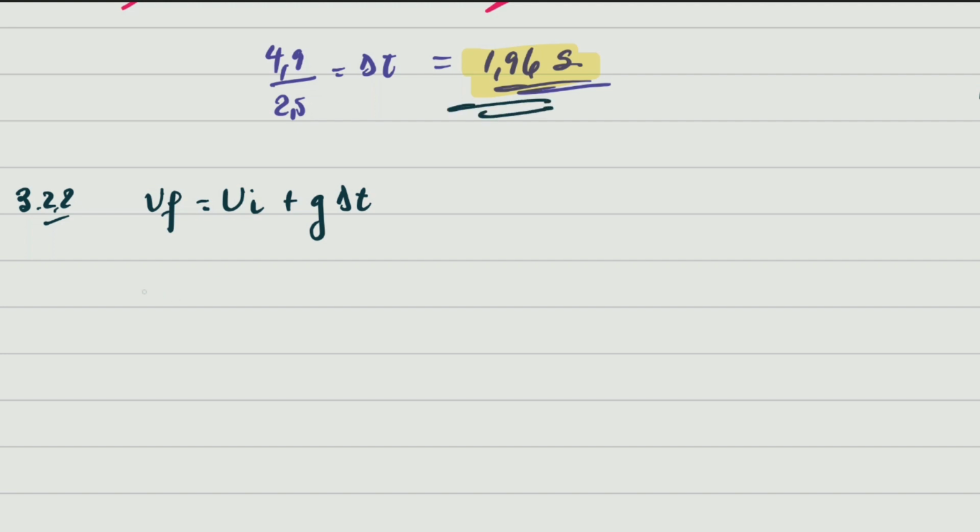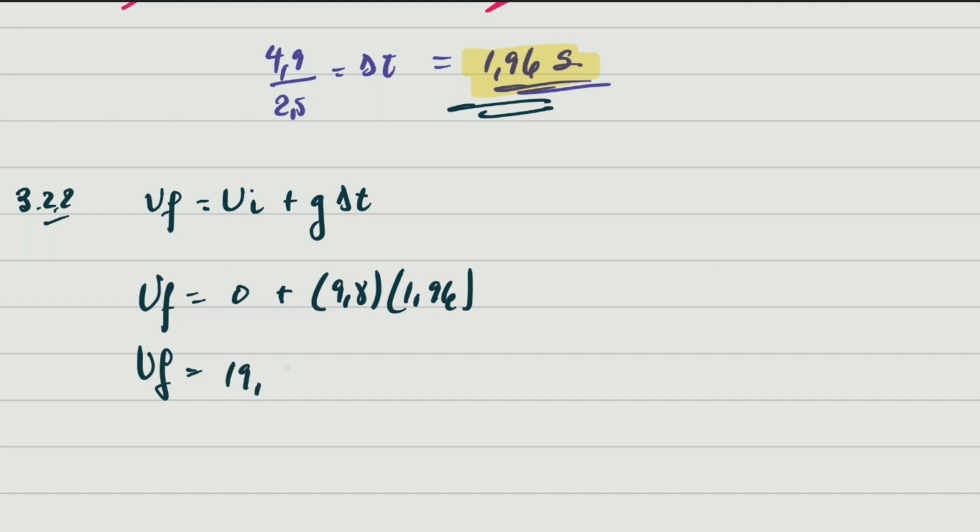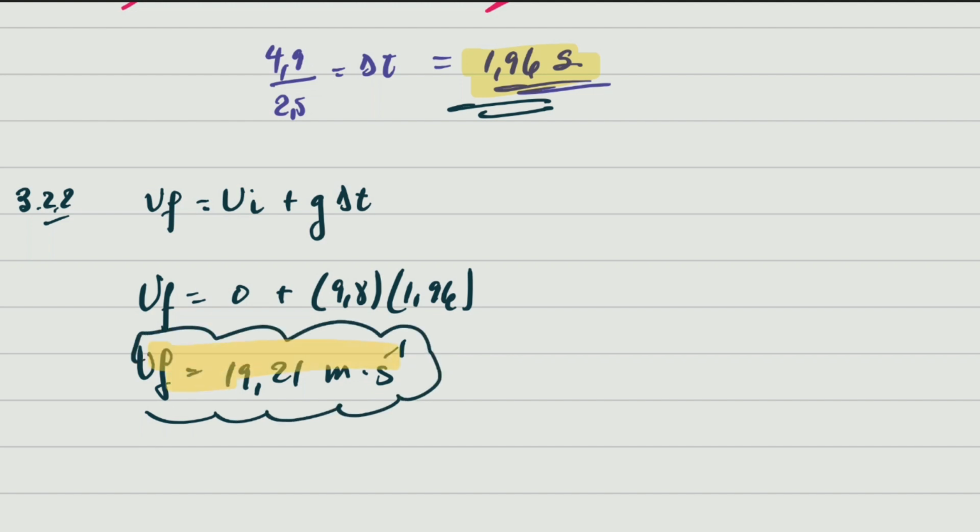So if we substitute here for Q, remember we're working with a Q here is 0 plus 9,8 multiplied by 1,96 there, and the final velocity is going to be 19,21 if we round off to 2 decimal places after the comma. This is the final answer for this question.